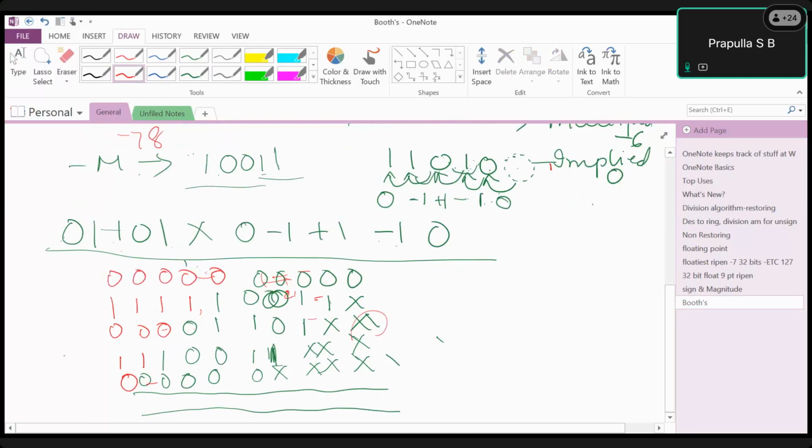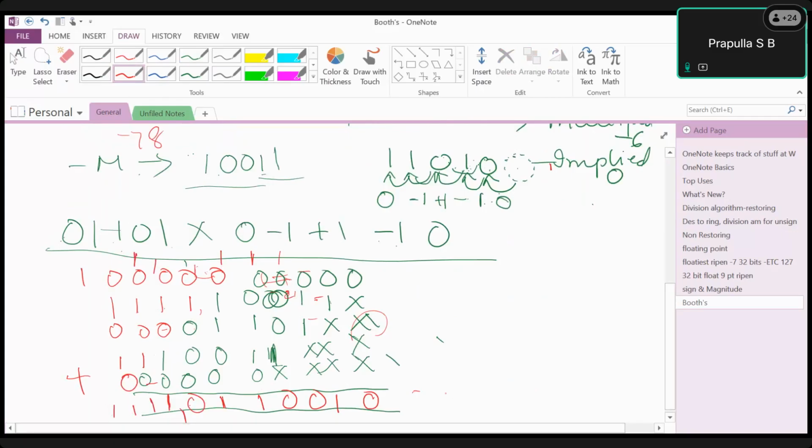Now you sum up all these. What will you get? This is 0, this is 1, 1 plus 1 is 0 and a carry of 1, 1 plus 1 is 0 and a carry of 1, 1 plus 1 plus 1 is 3, so 1 and carry 1, 1 plus 1 plus 1 is 3, 1 and carry 1, 1 plus 1 is 2, so 0, carry 1, 1 plus 1 plus 1 is 3, so add 1 here and carry 1, 1 plus 1 plus 1 is 1 and carry 1.